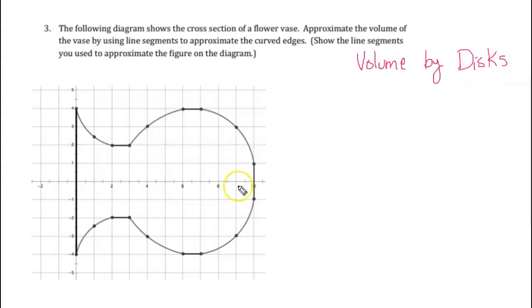I do not have a volume formula for this type of shape. I just don't. So I'm going to have to find its volume by pieces. And one of the easy ways to take a shape like this, especially one that does revolve, that does have a round shape to it, that does have a revolution to it, is to basically slice that shape into a bunch of discs.